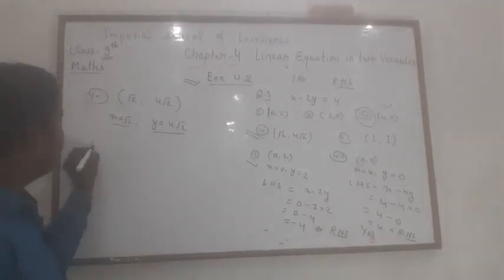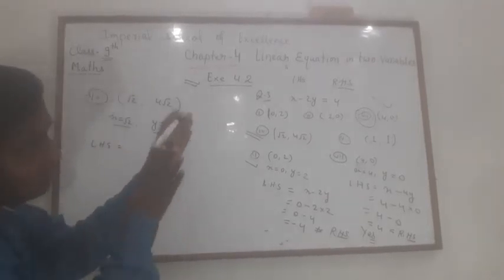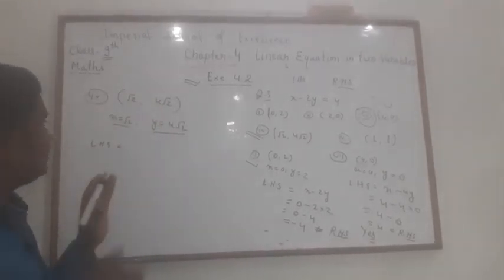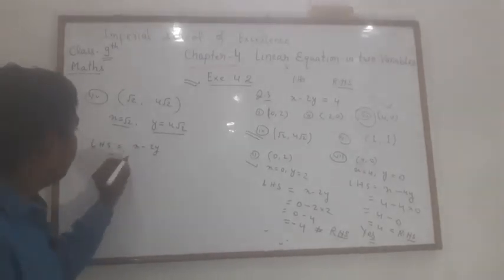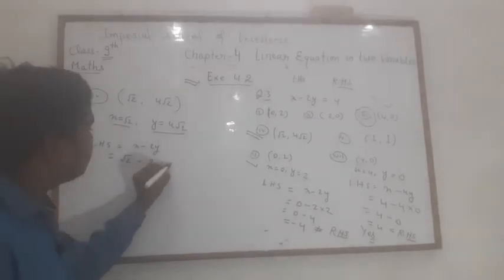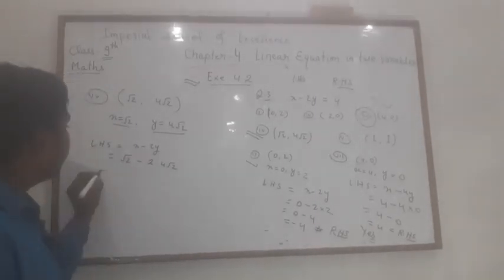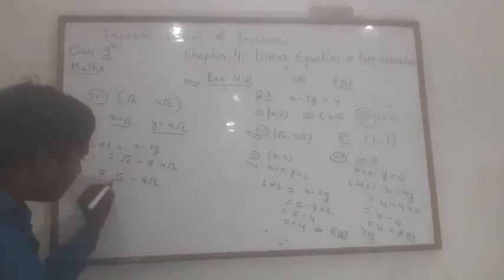So x is equal to root 2 and y is equal to 4 root 2. We have to calculate LHS. Put the values of x and y in this equation. So x minus 2y: x is root 2, minus 2 into 4 root 2. So it will be root 2 minus 8 root 2, and this is 1 root 2 basically.